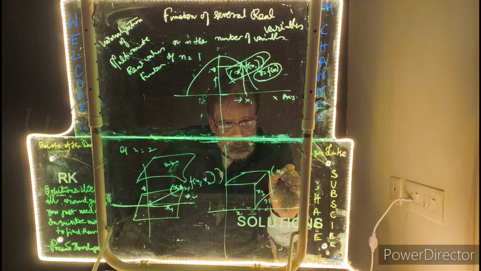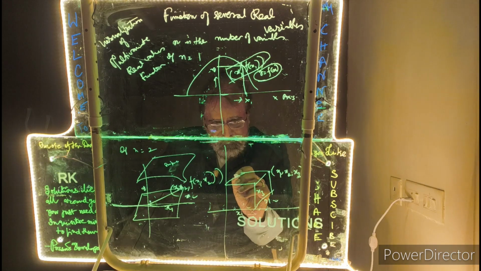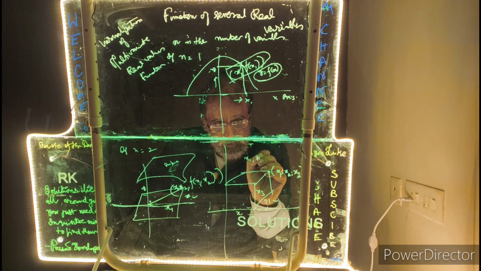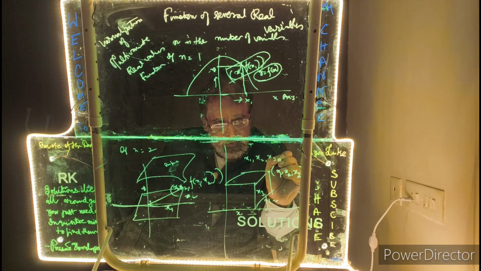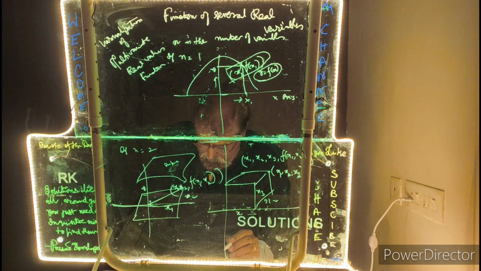So naturally, it will be x1, x2, x3, and how will you represent the function itself as f of x1, x2, x3, right? So what do we observe here?